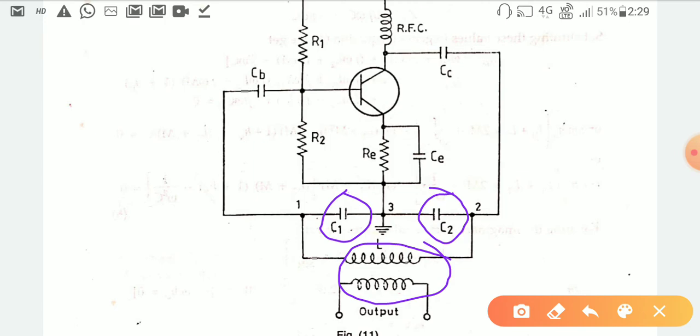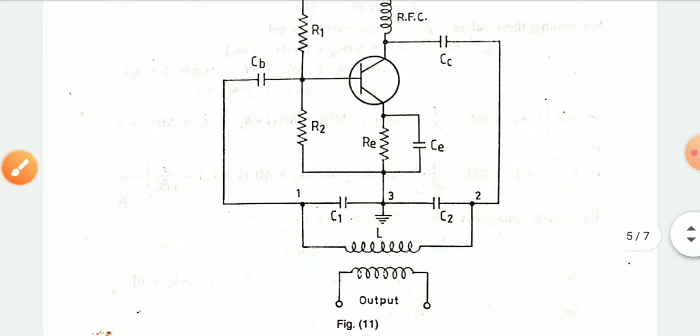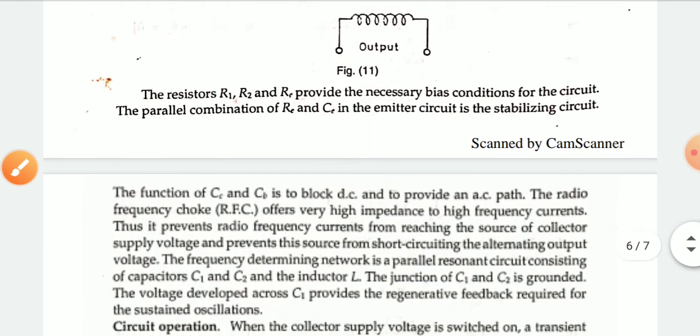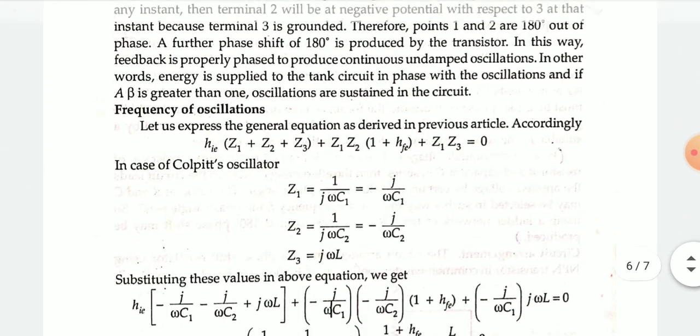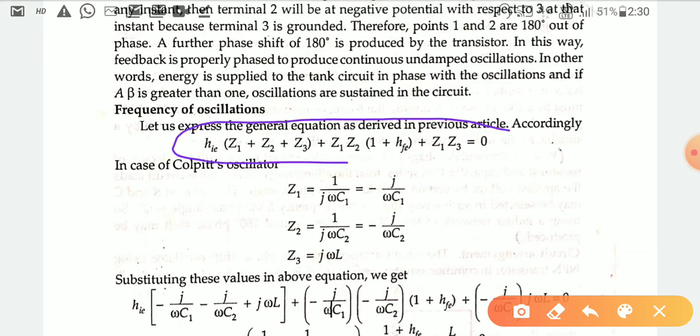So in the generalized expression, Z1 you can consider as C1, at the Z2 position you put the value for C2, and Z3 you replace with the inductor. If you replace these values, this is the generalized expression. You already know the way by which you got this one.